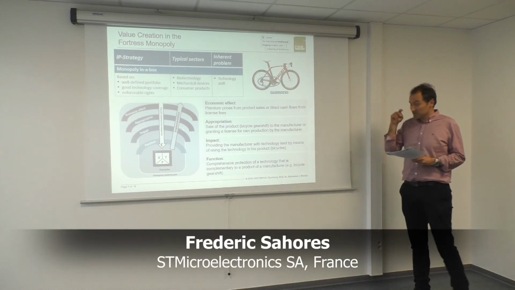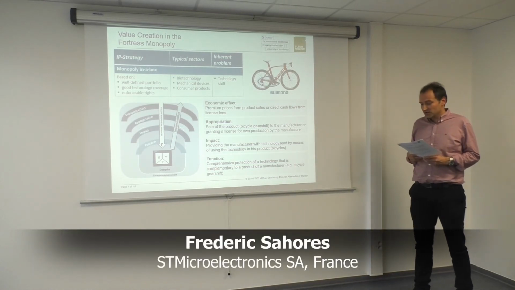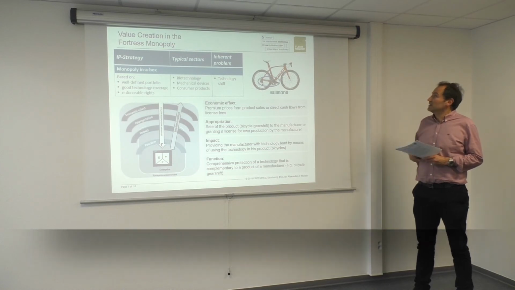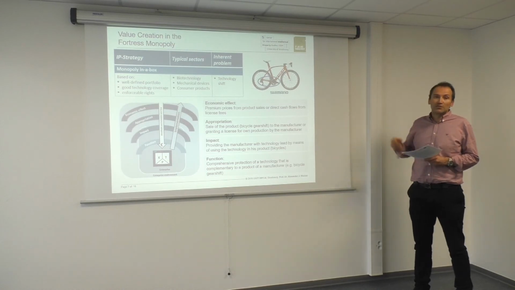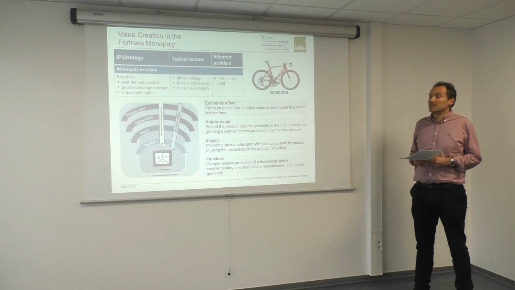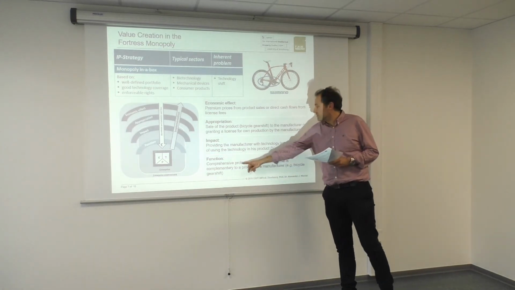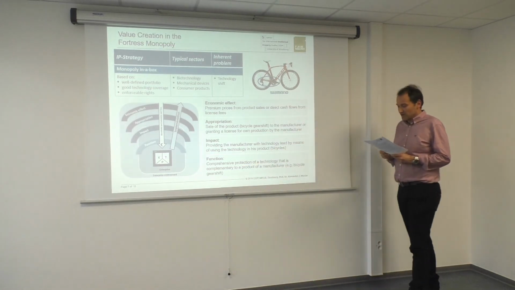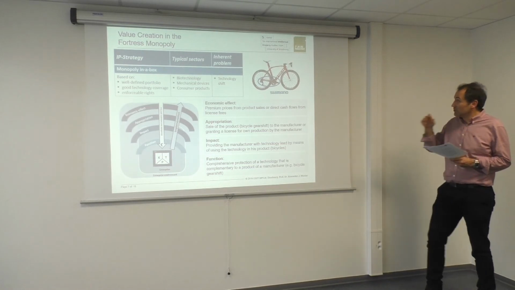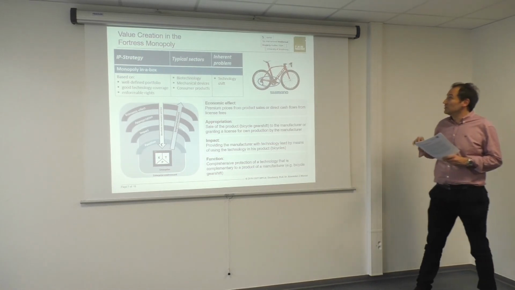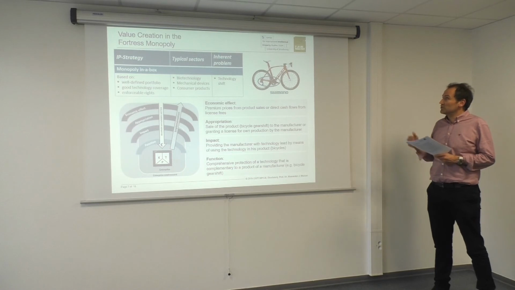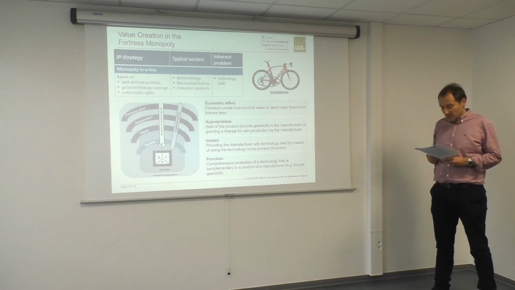We had one example with the Shimano gear shift in the part of the bicycle. We have also the microprocessor of Intel inside a laptop. Regarding this, the key function we have is the protection of the technology. That, of course, will be a complement of the product that will be sold to the end consumer.